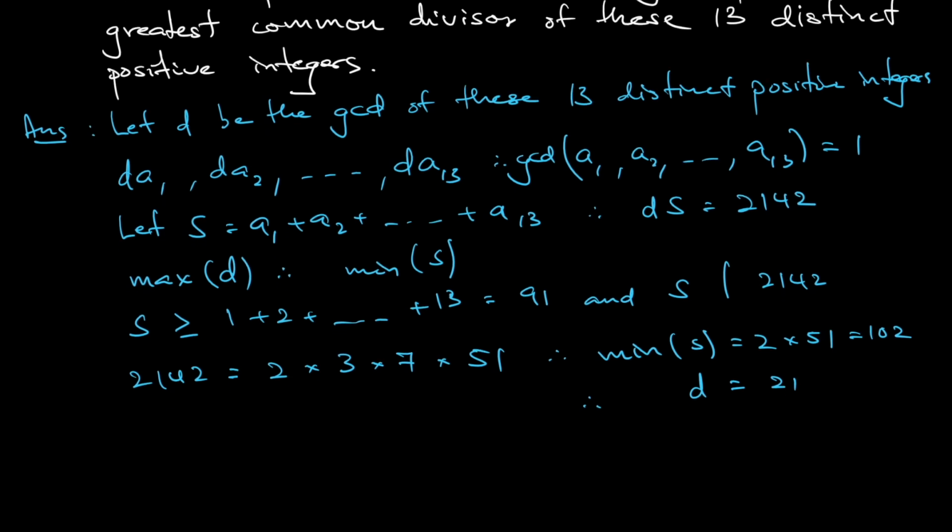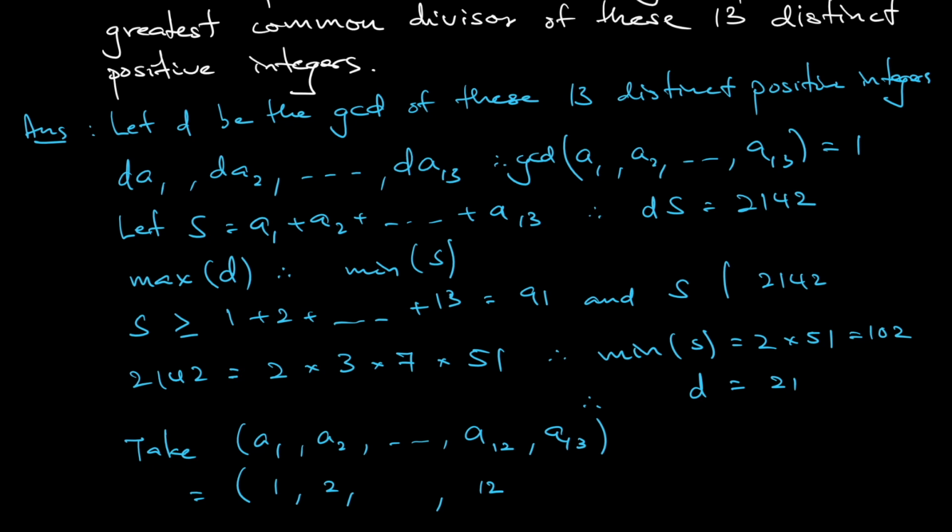So let's check, is D equal to 21 possible? Another way of saying it is, is S equal to 102 possible? Well, you can take A1, A2 all the way until A12 to be 1, 2, all the way until 12. So 1 plus all the way until 12 is already 12 times 13 divided by 2.